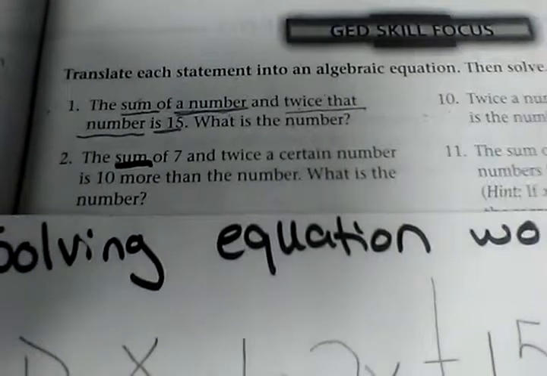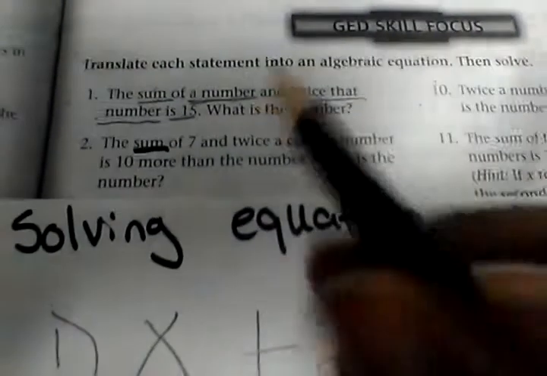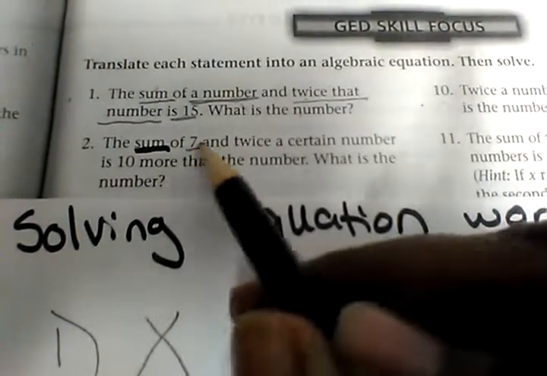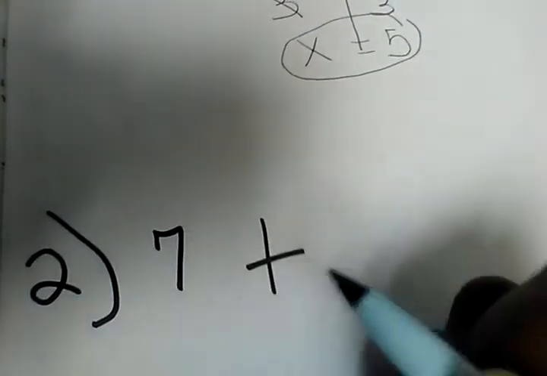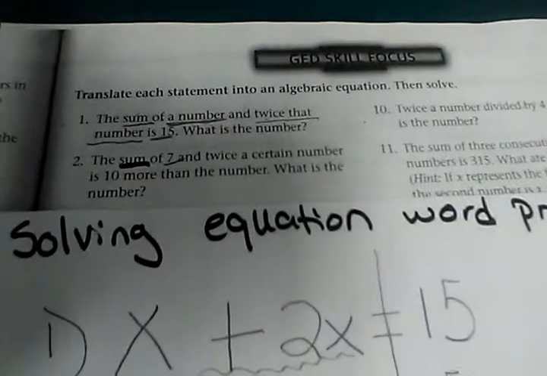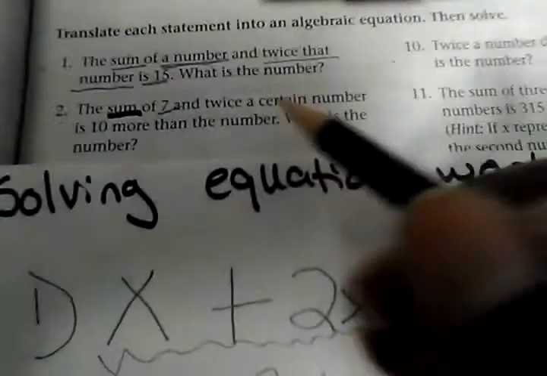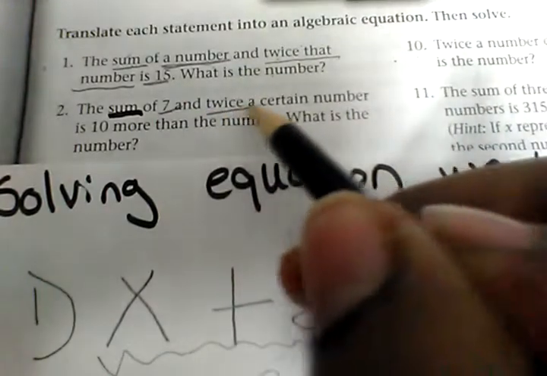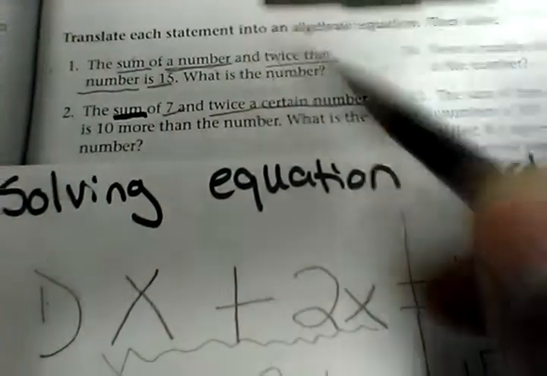So I got that in there. And it says of 7. The sum of 7, so of course that means my first term here would have to be 7. The sum of 7 and twice a certain number.